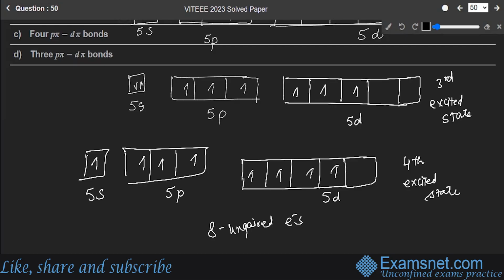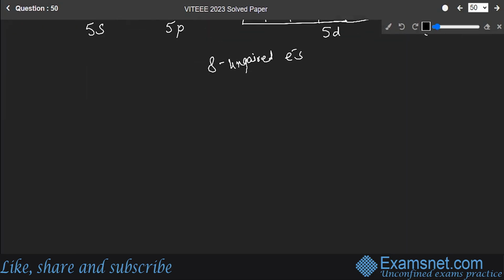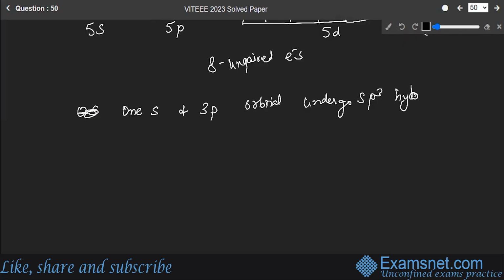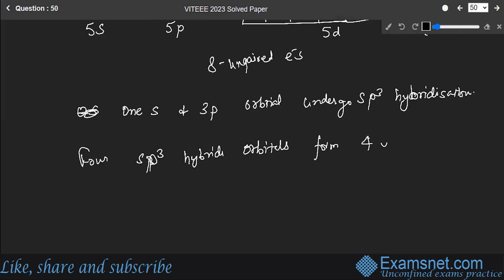One s and 3 p orbitals undergo sp3 hybridization. The 4 sp3 hybrid orbitals form 4 sigma bonds with oxygen atoms.